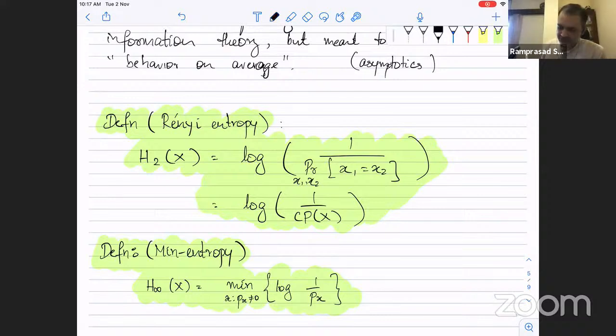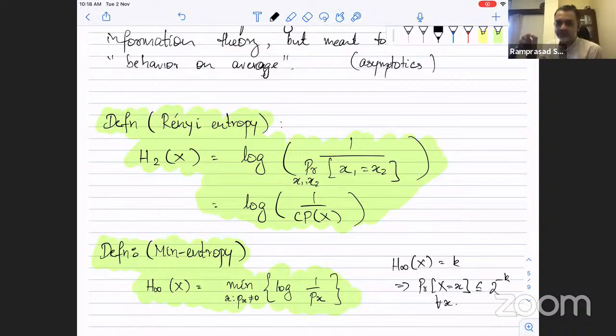Saying that H infinity of a distribution is equal to k is like saying the probability that X equals x is at most 2 to the minus k for all x. That is, no point shows up with too much mass. The largest probability you will ever see in your support is at most 2 to the minus k. That's another way of thinking about min entropy.